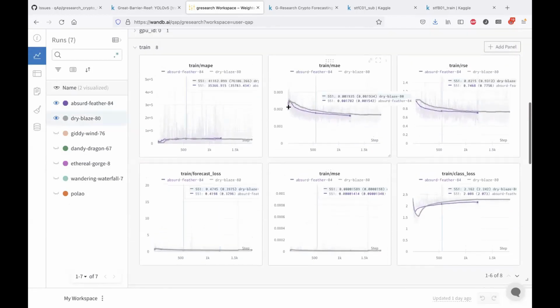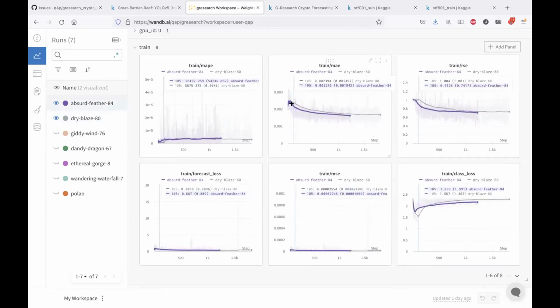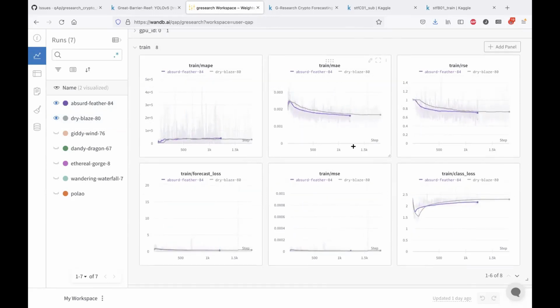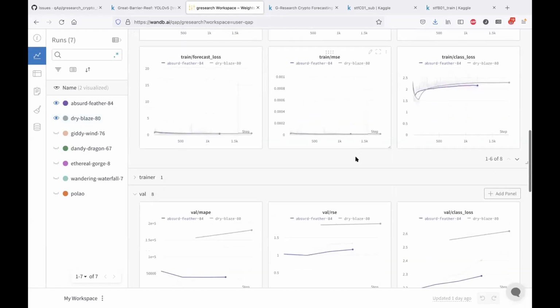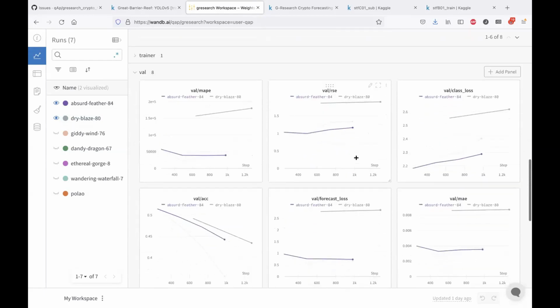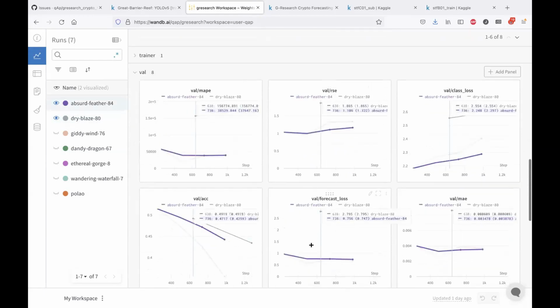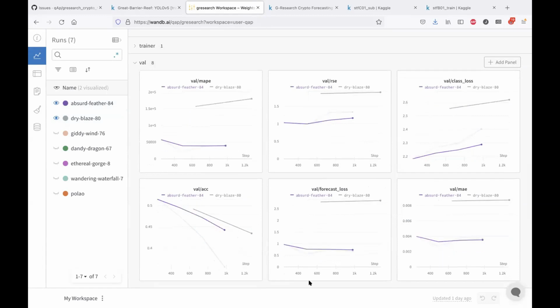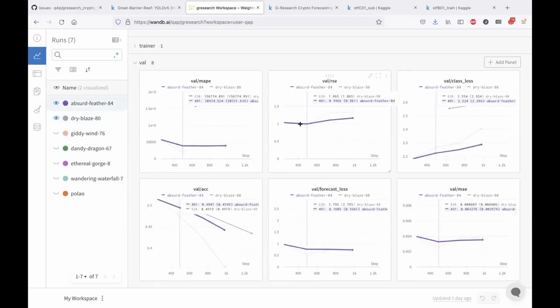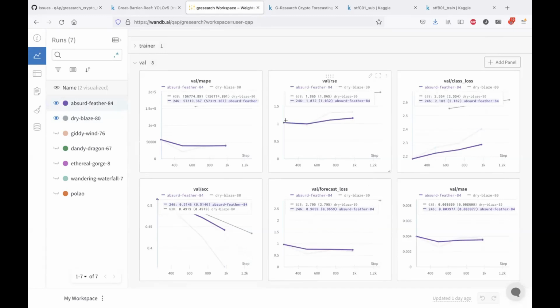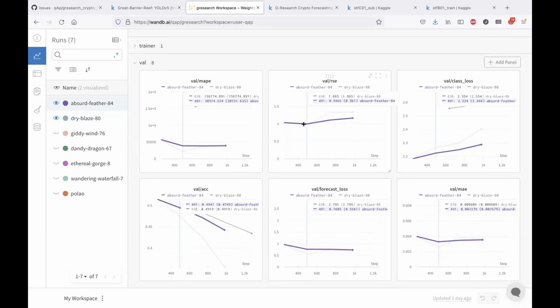As you see, the training metrics and losses are logged over each training step, so each mini batch. But for the validation metrics and losses, I've only managed to get a couple of points because there are many training steps to go through before validation takes place.